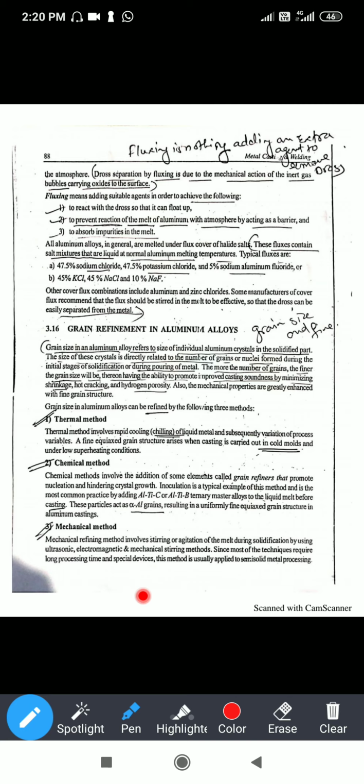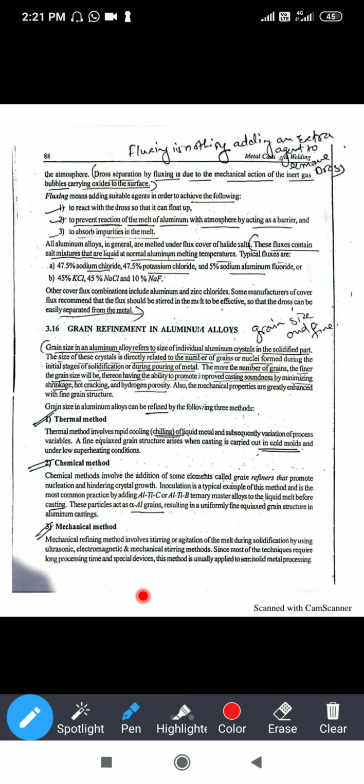External cooling is where water or coolant is sprinkled on the mold box, so that the mold box surrounding area cools down, and it can absorb and extract the heat through it, so that the cooling can be done at a faster rate. So this is one of the methods by which the grain size can be improved.